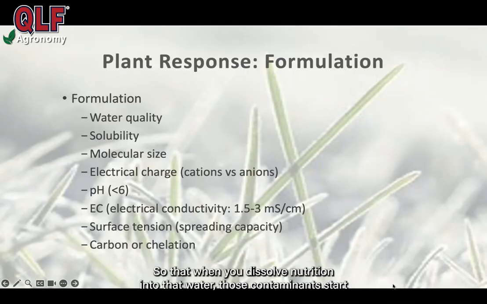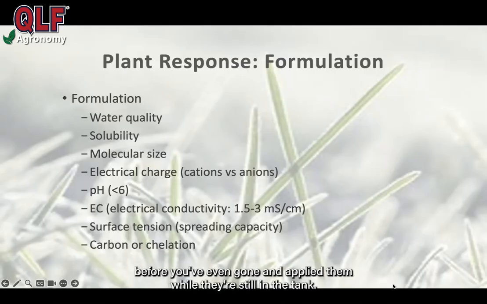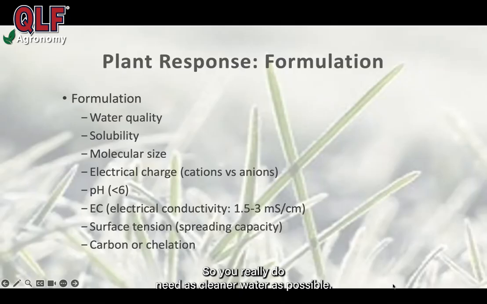So when you dissolve nutrition into that water, those contaminants start binding to your nutrition, or, for example, to your pesticides. That can tie them up and render them unavailable and less effective before you've even applied them, while they're still in the tank. So you really do need as clean a water as possible.